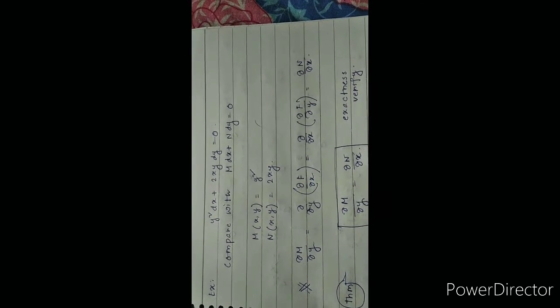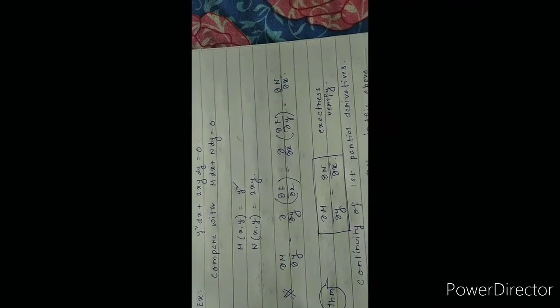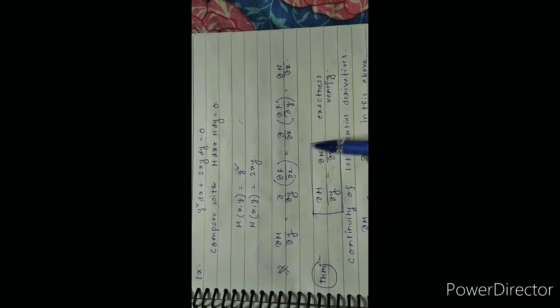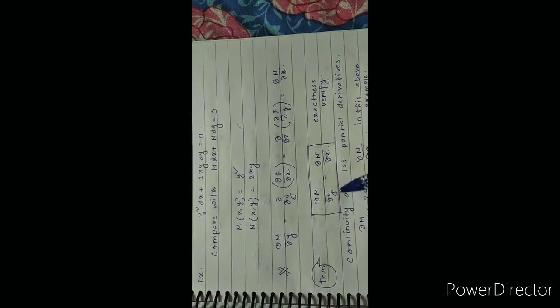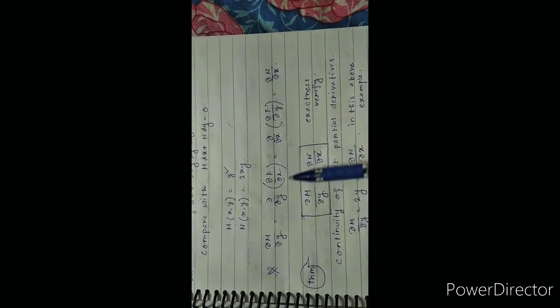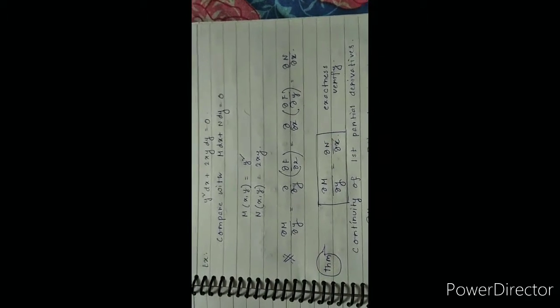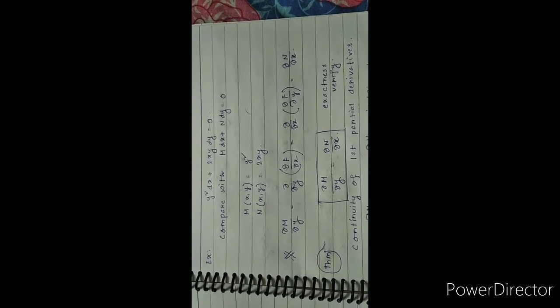for an exact differential equation, this relation holds. And conversely, if this holds for a differential equation, then the differential equation is exact. So this is the condition for checking whether a given differential equation is exact or not.